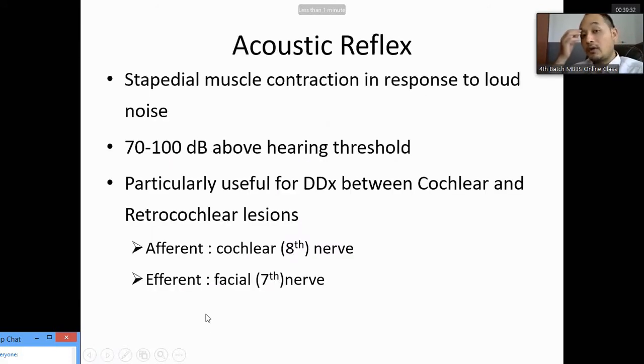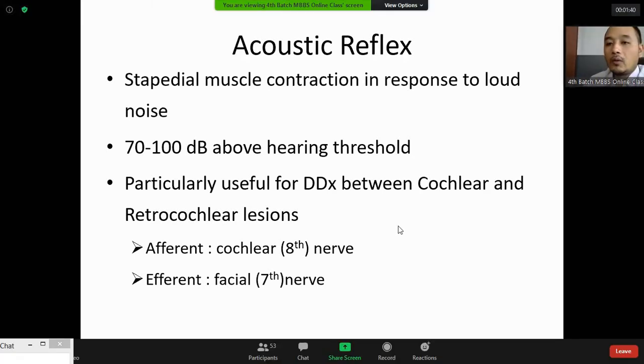Now another thing, acoustic reflex or the stapedial reflex. As you already know, this is the protective mechanism for loud sounds. Stapedial muscle contraction occurs in response to loud sounds, loud noise. Now we voluntarily give a loud noise.